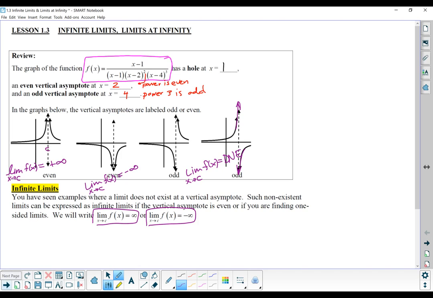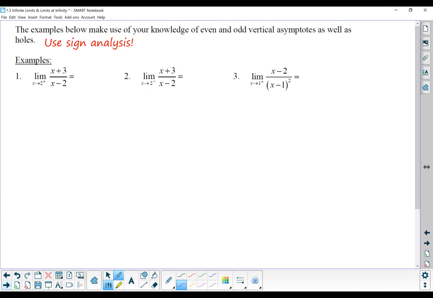Now, to do infinite limits, we oftentimes have to do what's called a sign analysis. We're going to use our knowledge of even and odd vertical asymptotes as well as holes and a little bit of sign analysis to help us figure out these limits right here.